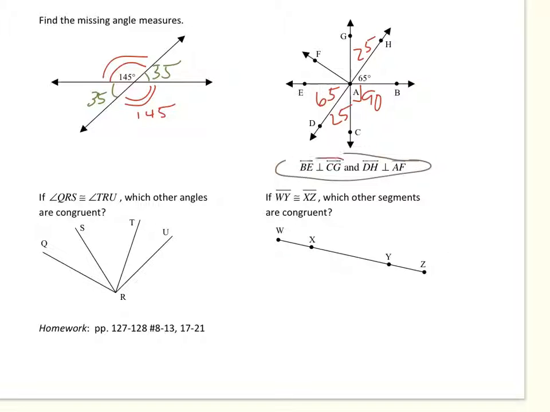And we already talked about this one, but we still have this piece of information that's going to help us. So if line DH is perpendicular to AF, then I know that this will be a right angle, and so will this side. So I have to find that missing side.